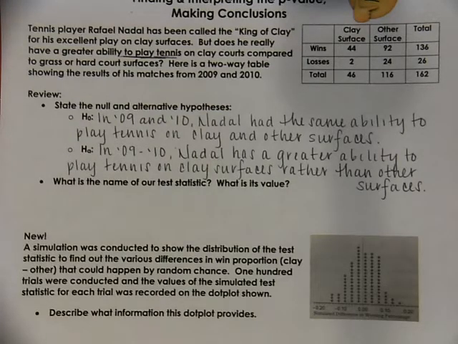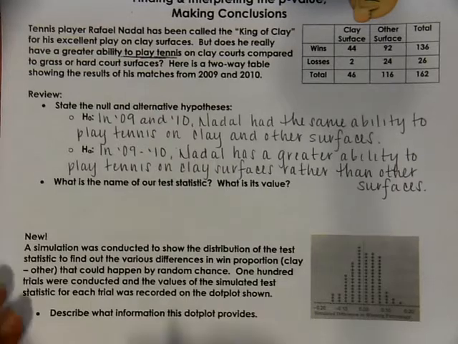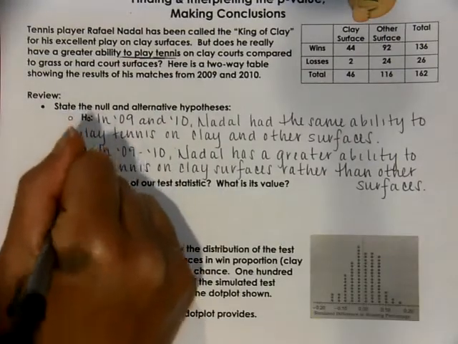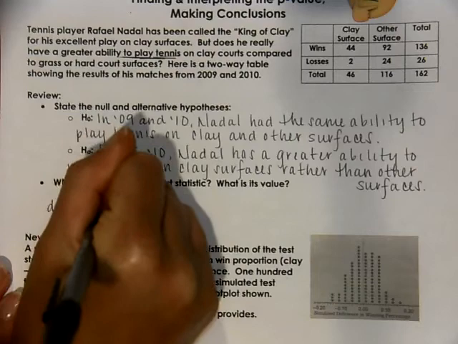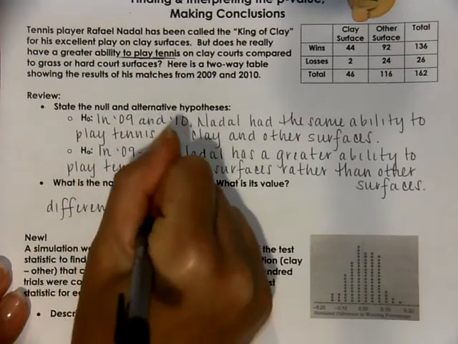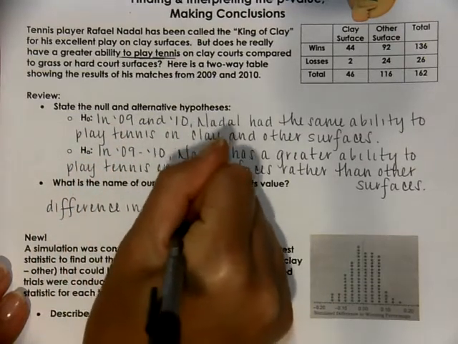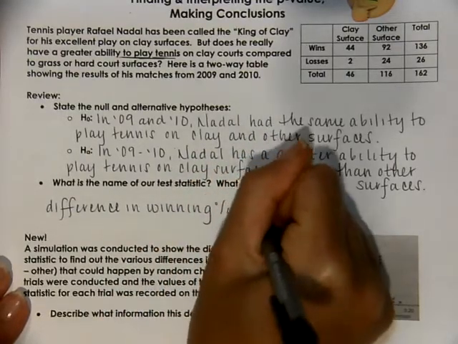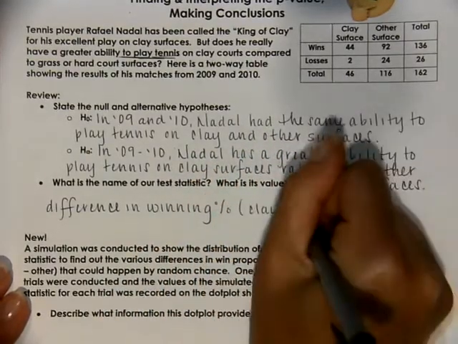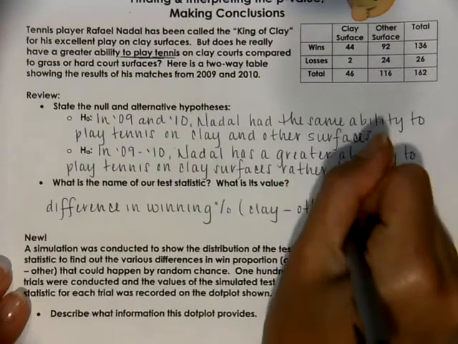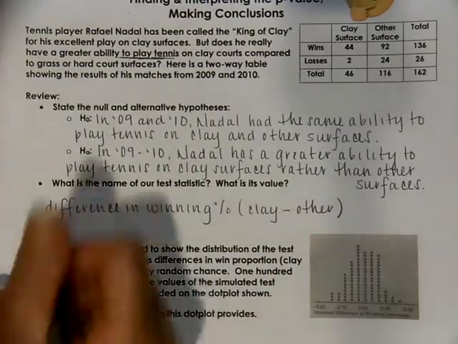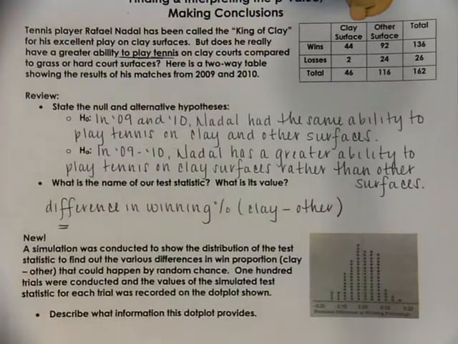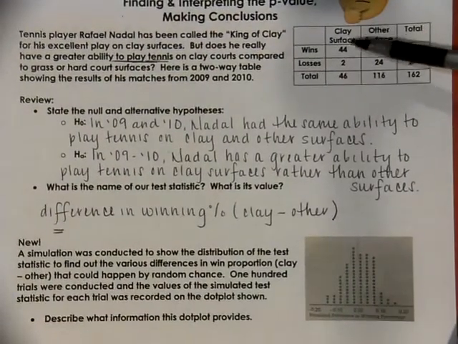So our test statistic here is going to be the difference in winning percentages, clay minus other. So how am I going to calculate that? Well, how did they do on clay surfaces?